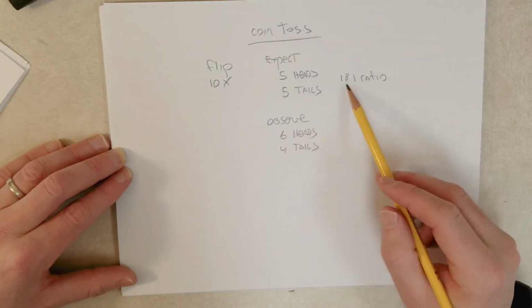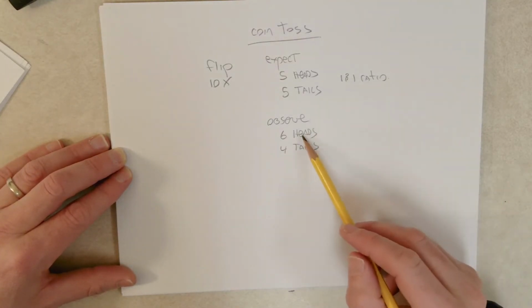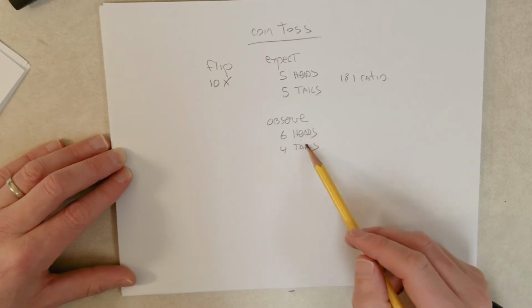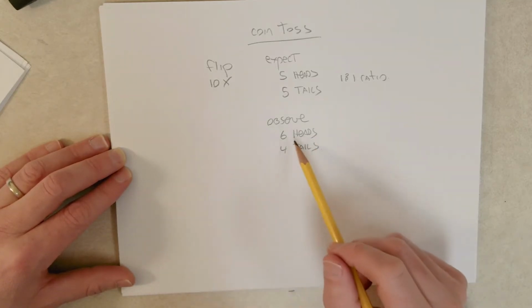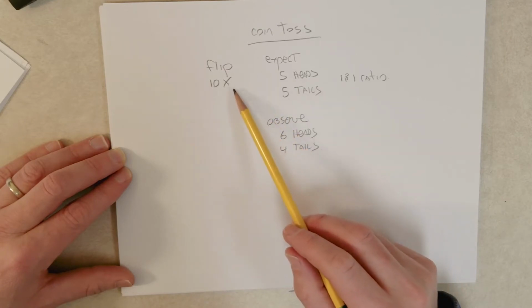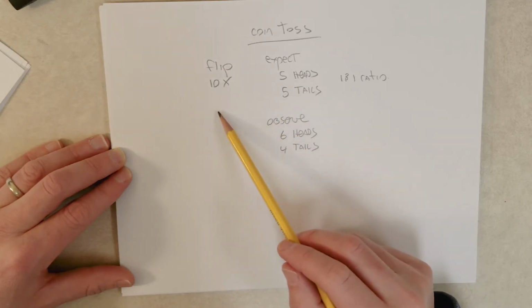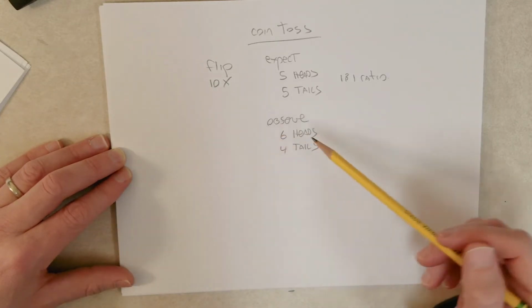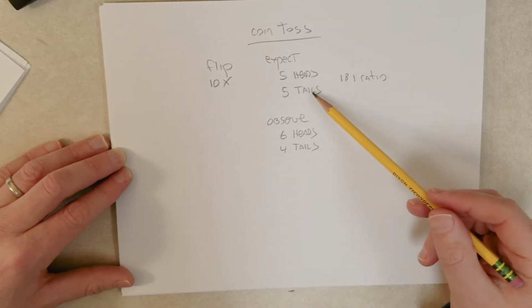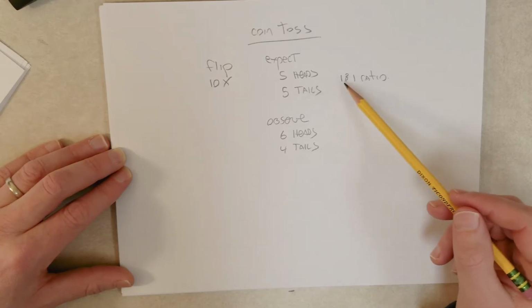That's not the 1-to-1 ratio we expected, but it's not too different from 1-to-1. I predict that this is likely, not too unusual. So we wouldn't change our hypothesis that every time we flip a coin, half the time it should be heads, half the time tails. I wouldn't change the hypothesis that if you flip a coin many, many times, the ratio of heads to tails should be 1-to-1.